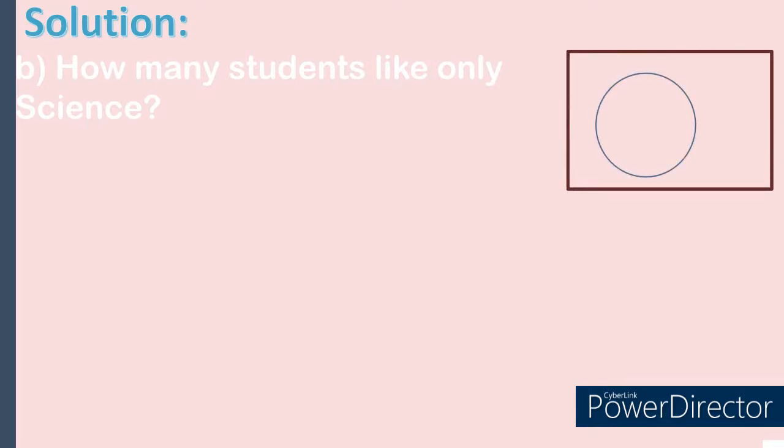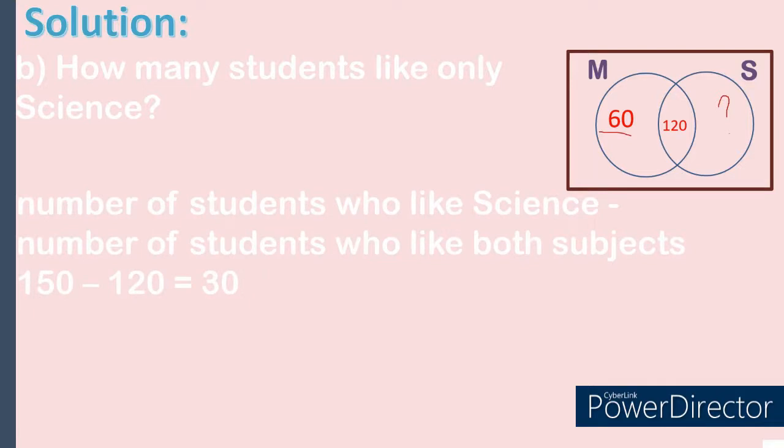Ayun naman. Kunin naman natin ngayon yung students who like only science. Okay? We have here again, Venn diagram. Ayan. So, we have 60. Meron natin given dun sa gusto lang ay math. Now, kunin naman natin kung ilan itong sa science. Okay? So, same process.